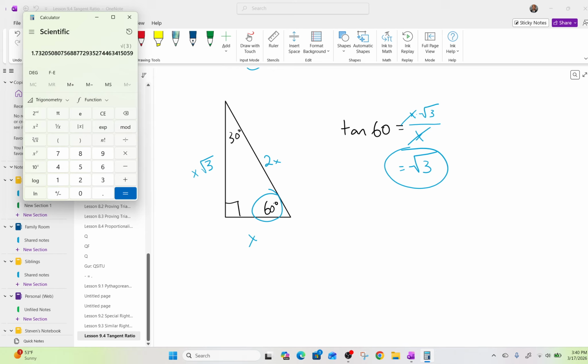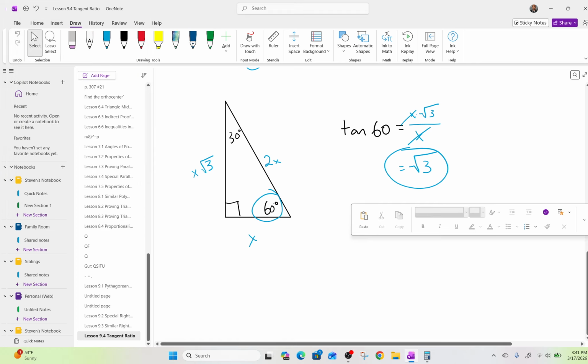You see this? 1.73. If I do the tangent of 60, I should get 1.73 again. They're equivalent. That's how it was figured out in the calculator.